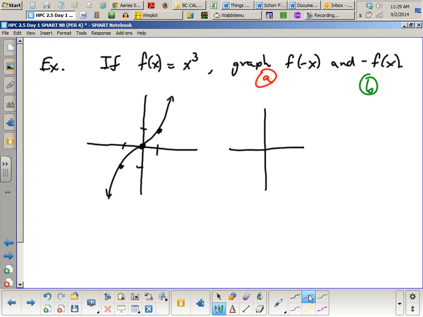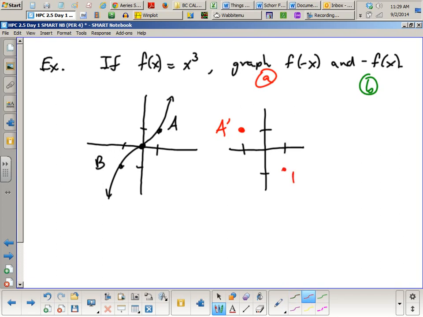Okay, so let's draw this backwards. So if you do a right-left switcheroo, where left becomes right and right becomes left, this point right here, let's call it point A, is going to end up over here now. A prime, right? And this point, let's call it B, is now going to flip over the y-axis and end up over here.